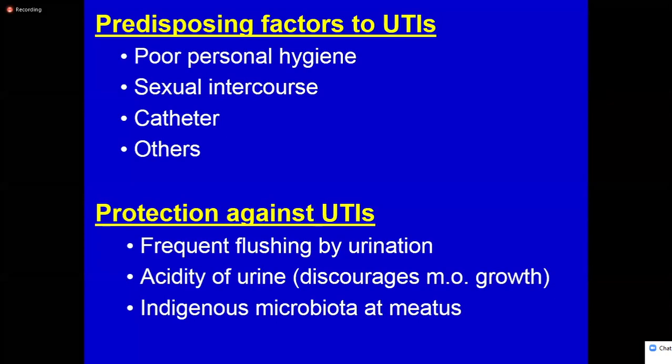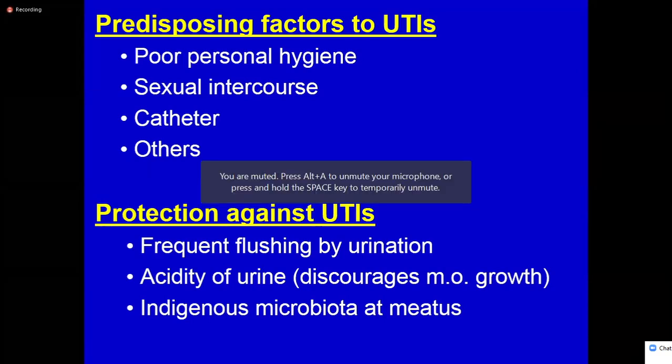How do we protect against UTI? Frequent flushing by urination, urine voiding. The current of the urine will flush the urinary tract and you get rid of most of the bacteria that are present, for example, in the urethra.